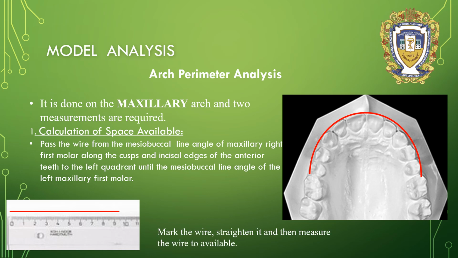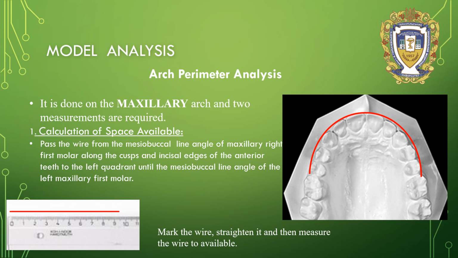We need to pass the wire from the mesiobuccal line angle of the maxillary right first molar along the cusps and incisal edges of the anterior teeth to the left quadrant until the mesiobuccal line angle of the left maxillary first molar.